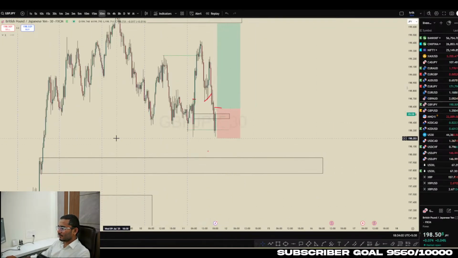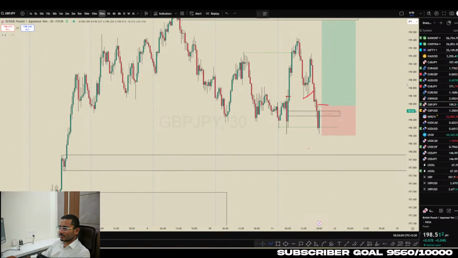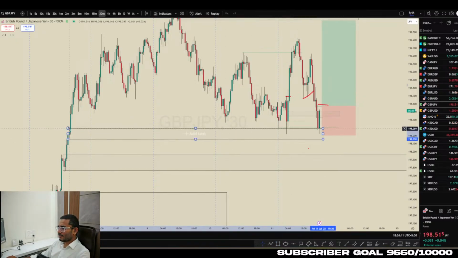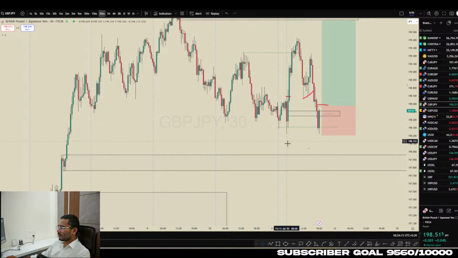So here I took this trade because there was this imbalance and price tapped at this order block. That's why I was looking for a buy side trade.